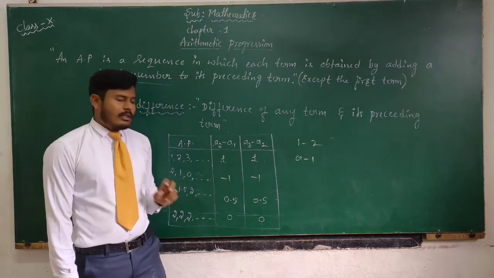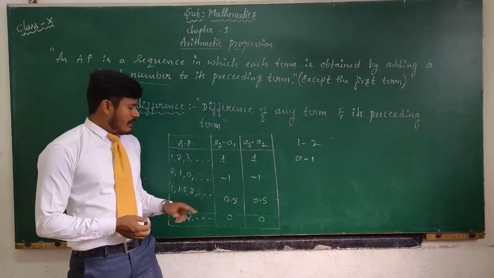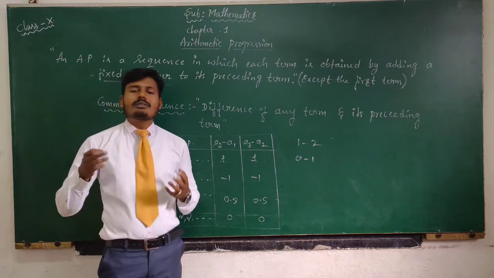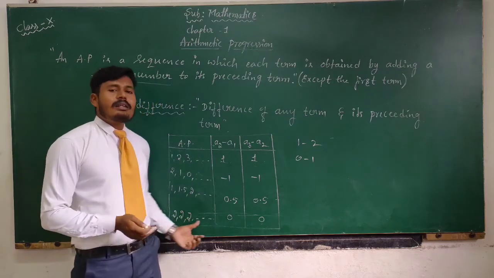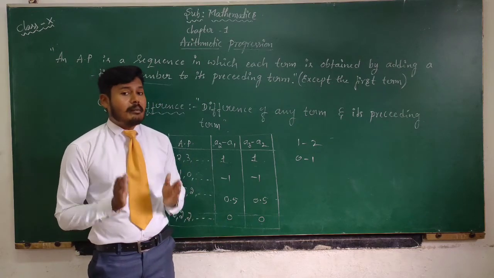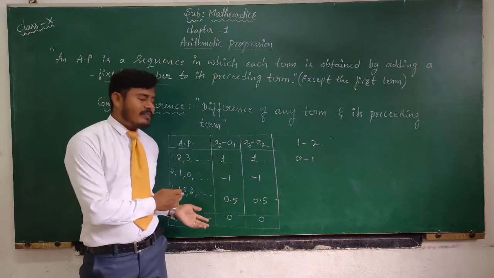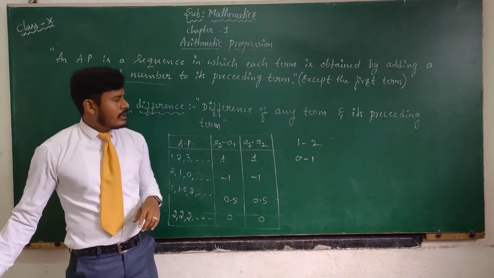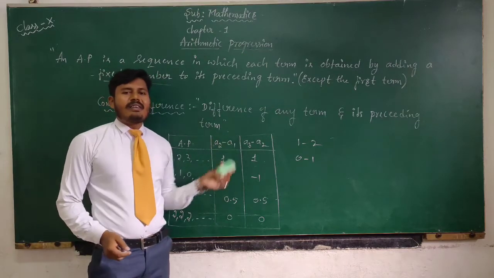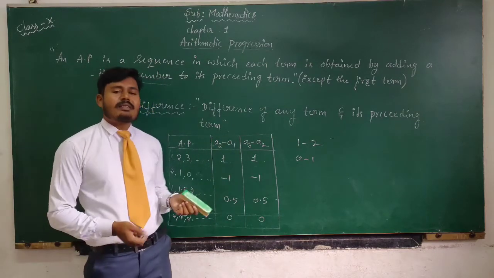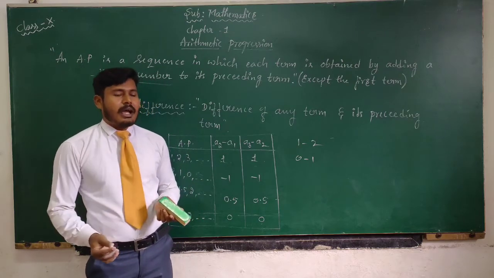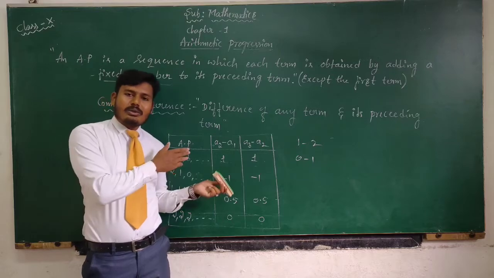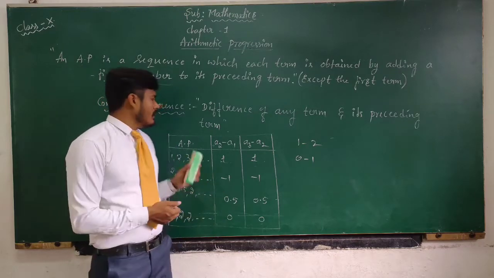It is noticed that if the common difference of any AP is equal to 0, all the terms of the AP remain the same. That is a very important point. This is the definition and how to find the common difference of a given list of numbers, and you can easily check whether the given terms belong to an AP or not.